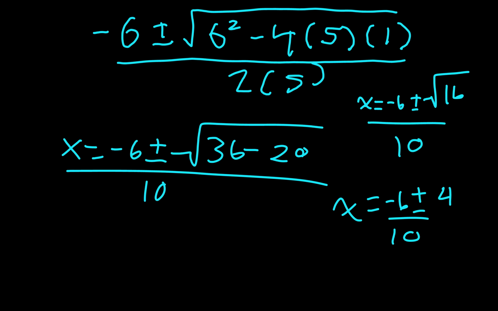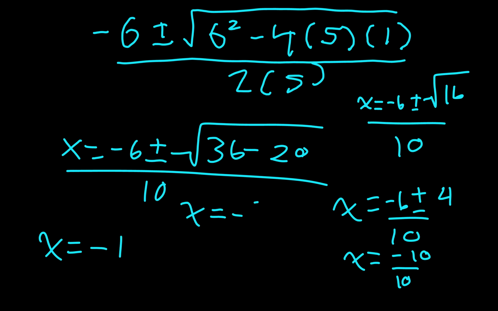And basically what we can do is have x equal negative 10 over 10, which is x equals negative 1, or you can have x equal negative 2 over 10, where x equals negative 0.02.